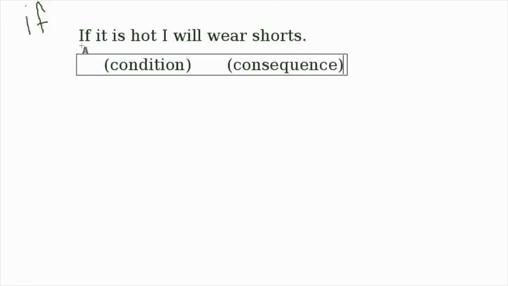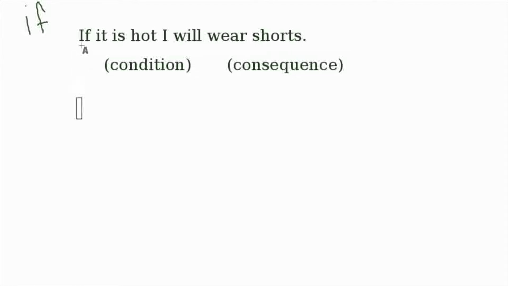So if the condition is met, then the consequence is true. Okay, so let's look at some different possibilities there, and we'll just look at a few. So if it's hot, so if the condition is true, then will they wear shorts? Yes, that is true. Okay. And then if the condition is false, so it's not hot, then we can assume that they won't wear shorts. So that will be false.